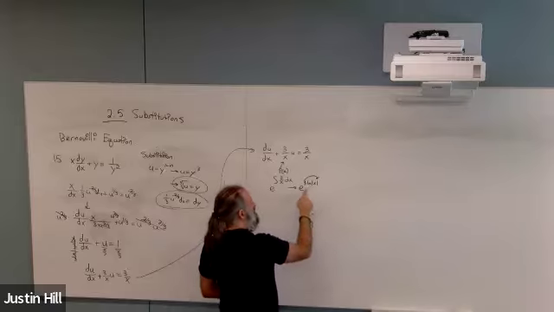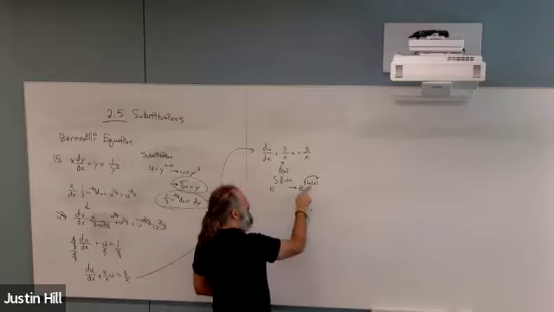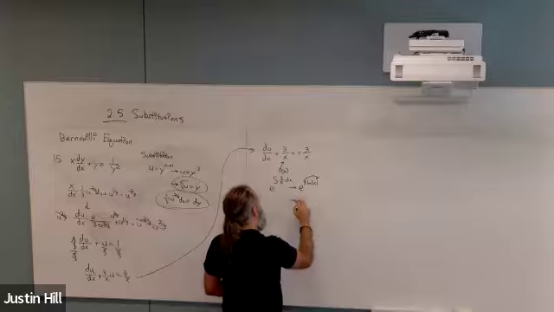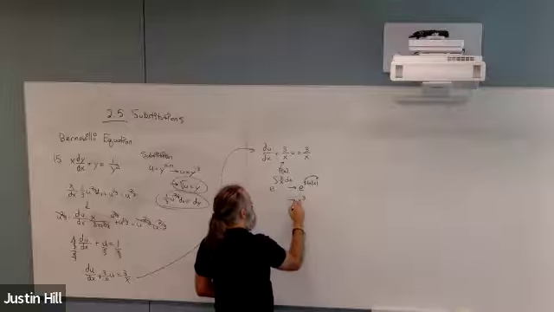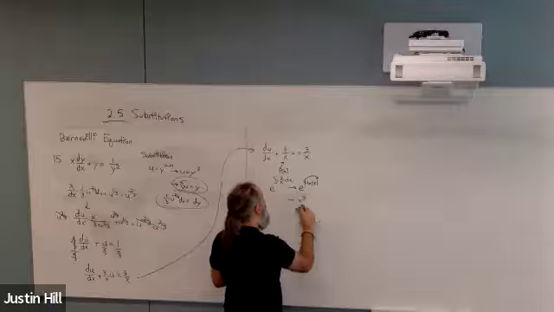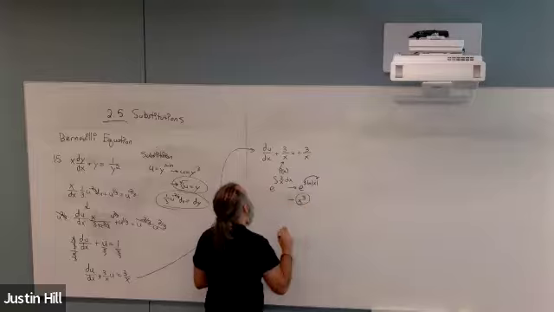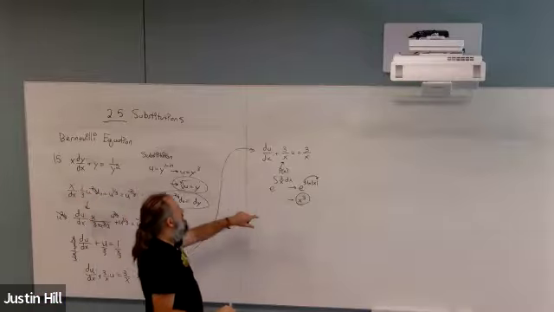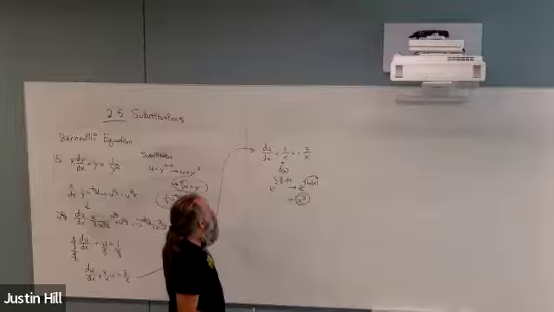So then this is going to reduce. The e and the natural log are going to cancel, and you're going to get x cubed. We're just going to get a clean x cubed out of this. So that's what I'm going to do then, I'm going to multiply everything through by x cubed.